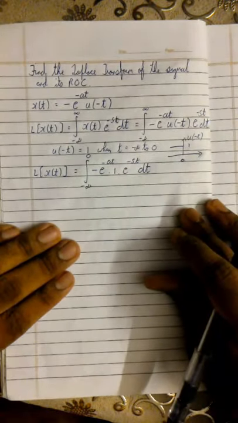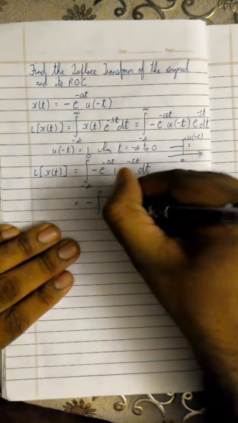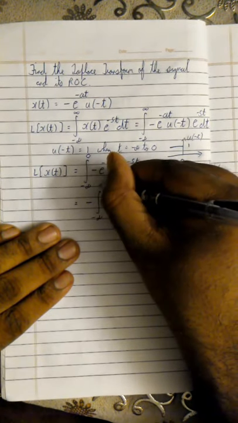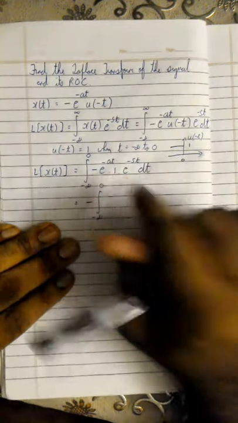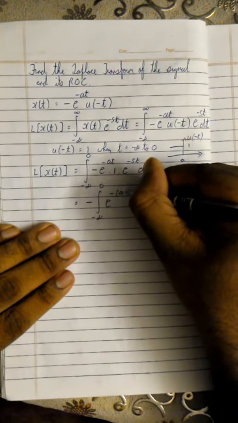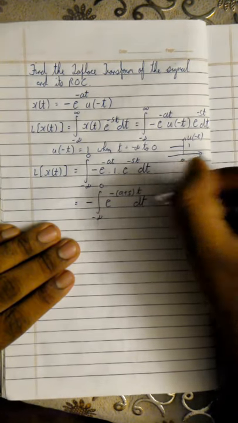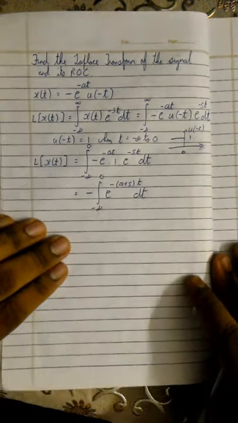Okay, this is also equal to minus of integral minus infinity to 0. Now I'm going to combine these two exponential functions. I get e raised to minus (a plus s) t dt. Okay, this is what I'm going to get.